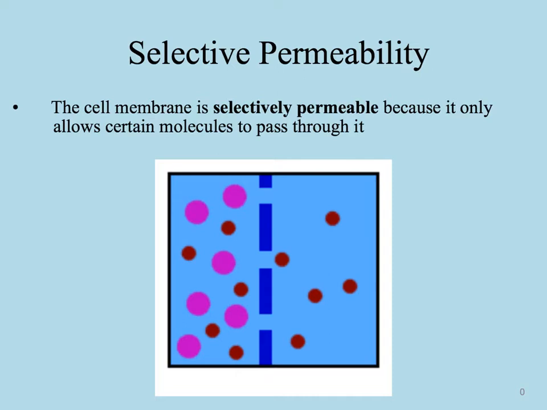So if you look at the picture here on the screen, you'll notice that the red circle can move through easily because it's small enough to fit through this little pore, whereas this big pink circle cannot fit through because it's too big. So selectively permeable keeps some things out while allowing other things to pass through, and we're going to talk about how that works in a moment.